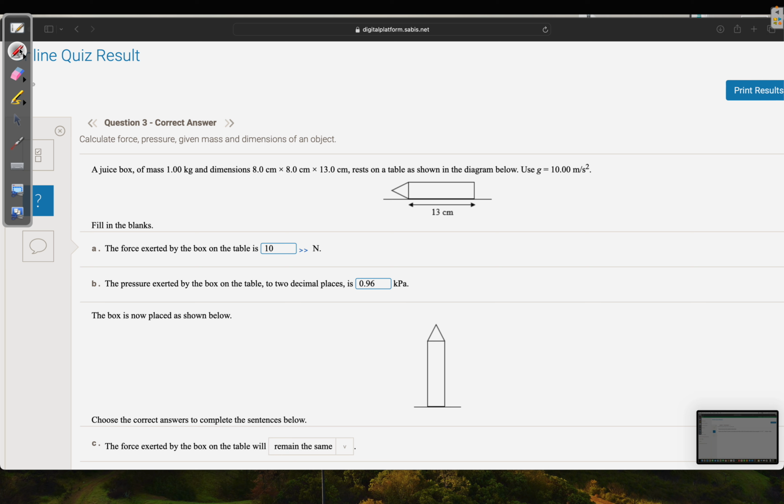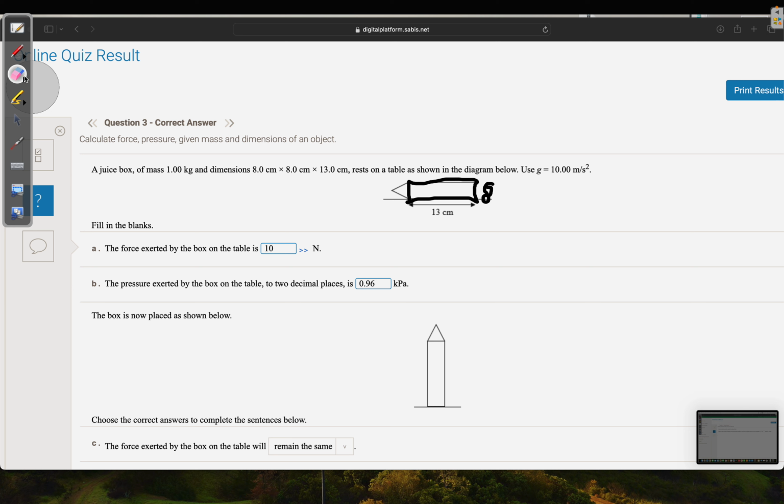Okay. First of all, we need to find the area of what is causing a force on the table. The part that's causing a force on the table is this rectangle. We know that this part at the bottom is 13 and this is 8.